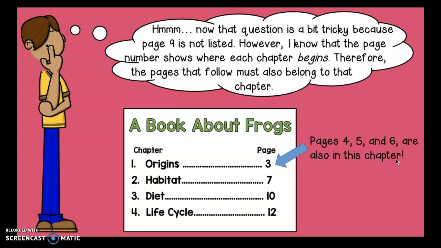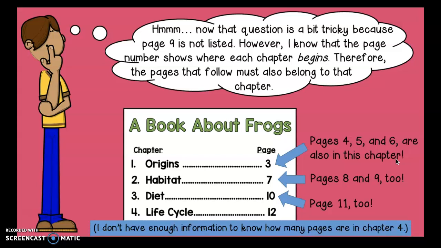So, for instance, chapter 1 has pages 3, 4, 5, and 6. Chapter 2 has pages 7, 8, and 9. Chapter 3 has pages 10 and 11. And chapter 4 begins on page 12, but we don't know how many pages are in chapter 4, so we don't have enough information.